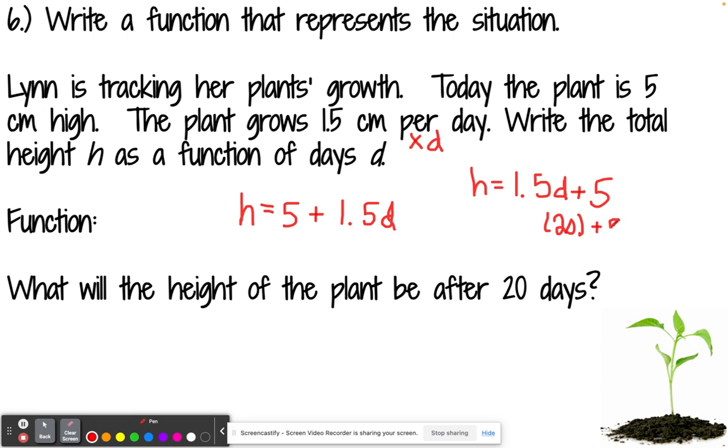So my height will equal 1.5 times 20 plus 5. 1.5 times 20 is 30 plus 5 will be my height. My height will be 35 centimeters.